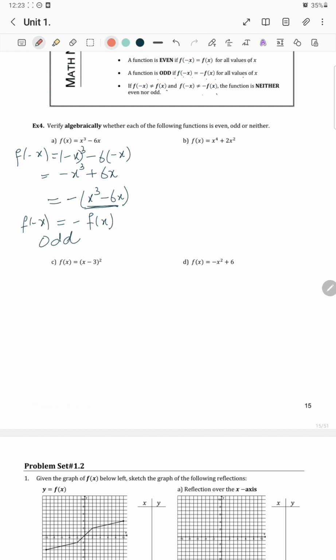Okay, f of negative x is equal to minus x to the power 4 plus 2 minus x square.